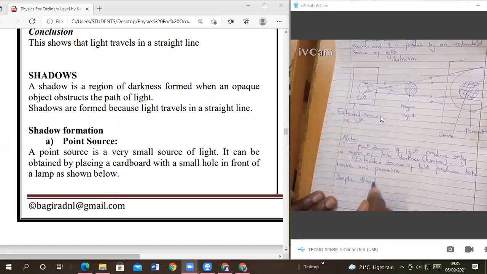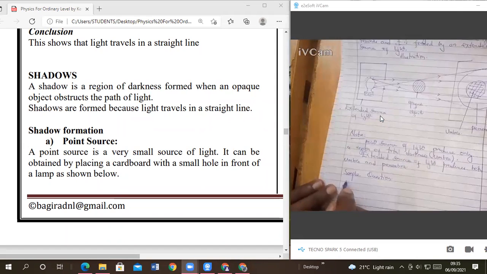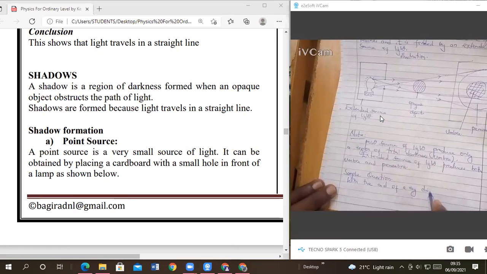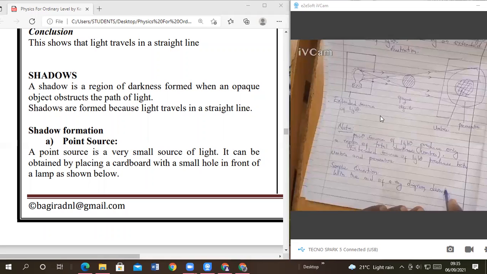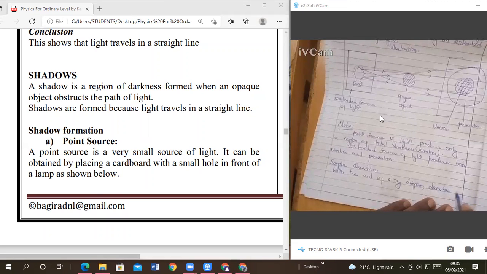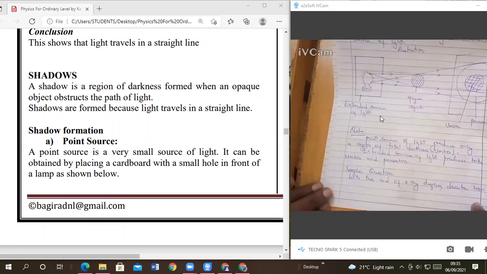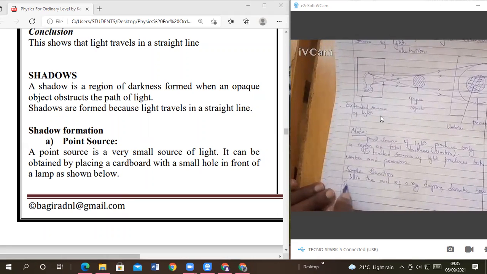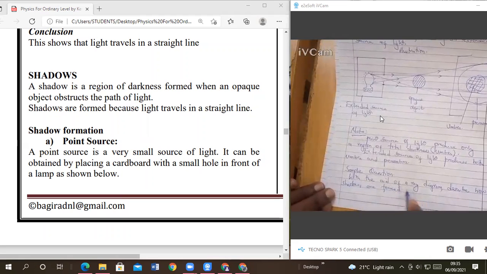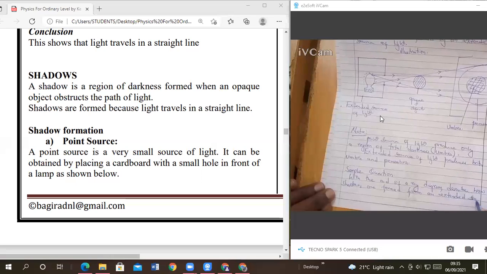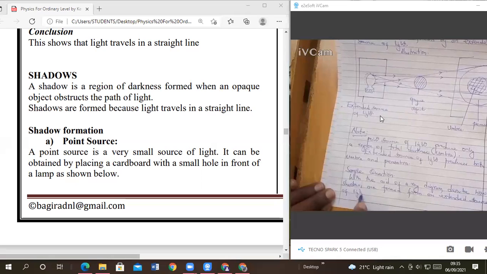Sample question: with the aid of a ray diagram, describe how shadows are formed from an extended source of light.